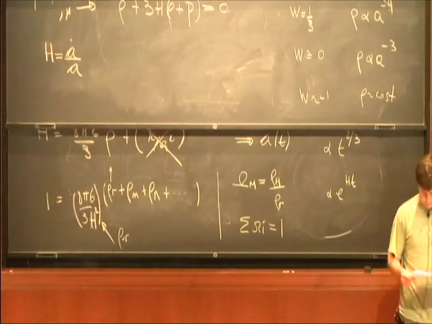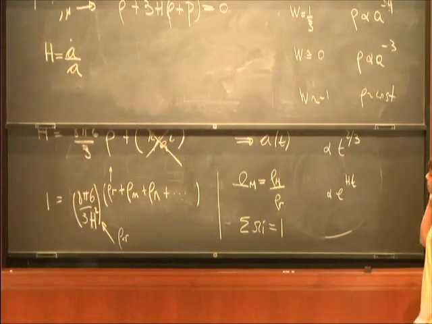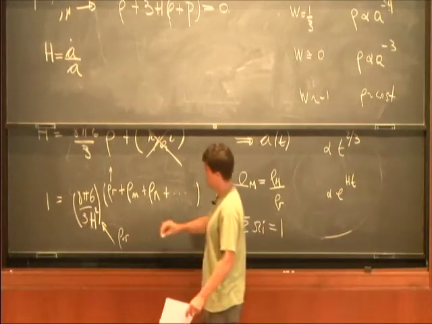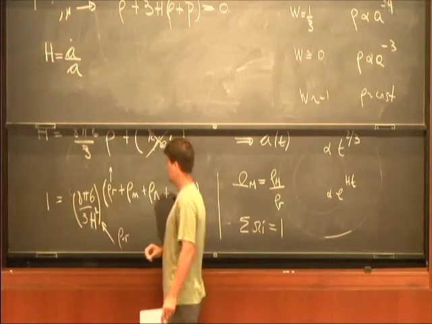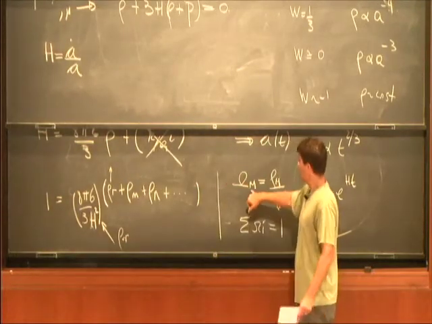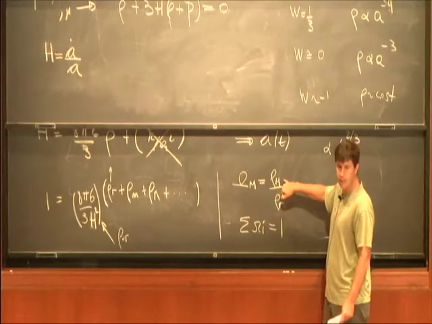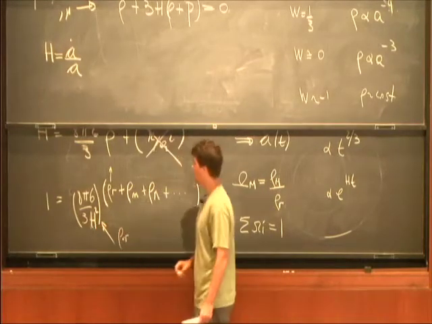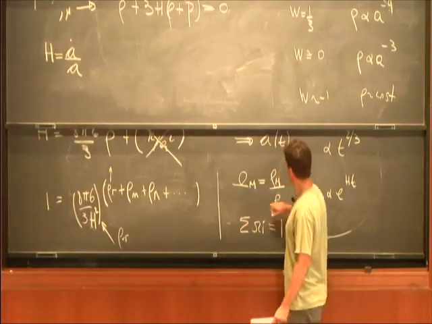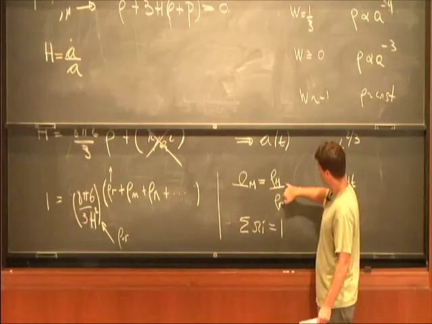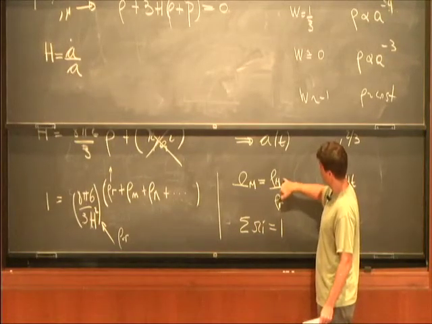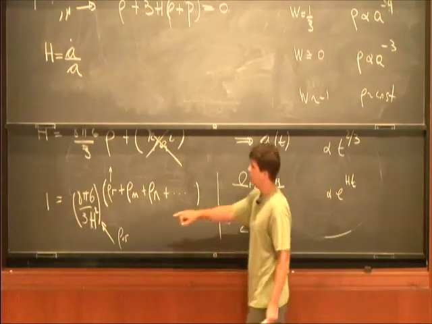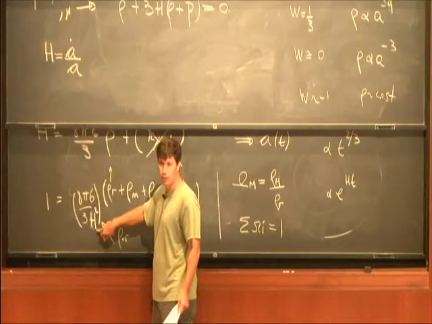Now, the one thing to point out that will be important when we discuss the CMB to understand parameter dependencies is that these omegas are the ratios of a physical density to this critical density formed by the Hubble constant. In other words, the physical density is not just given by omega. It's given by omega times something proportional to the Hubble constant squared.